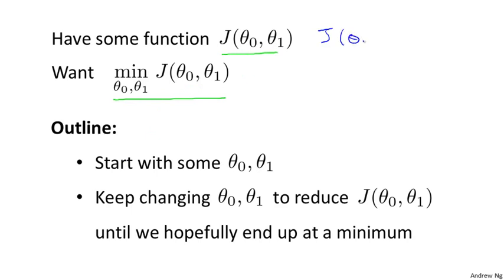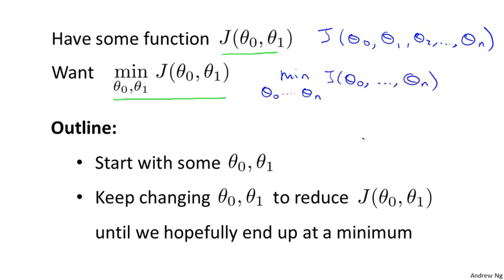So imagine you have a function J of theta 0, theta 1, theta 2, up to some theta n, and you want to minimize over theta 0 up to theta n of this J of theta 0 up to theta n. It turns out gradient descent is an algorithm for solving this more general problem, but for the sake of brevity, for the sake of succinctness of notation, I'm just going to pretend I have only two parameters throughout the rest of this video.